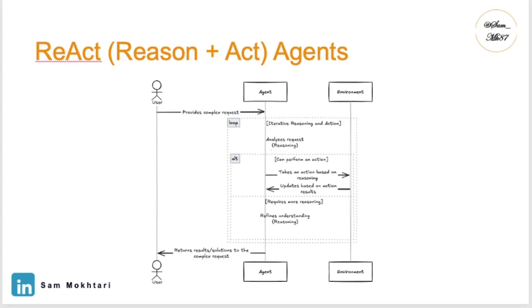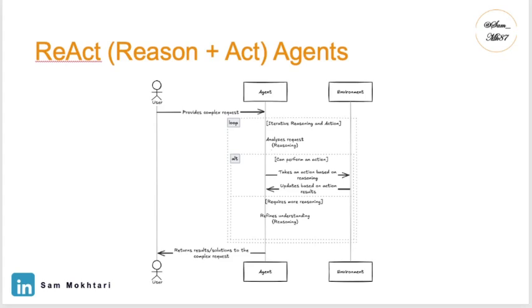Another type of agent that I mentioned before is the ReAct agent, an agent that uses both reasoning and acting. Especially when you are dealing with multiple-step dynamic tasks, this type of agent can help. For example, consider planning a trip where you need flight options, hotel recommendations, and even a weather forecast.